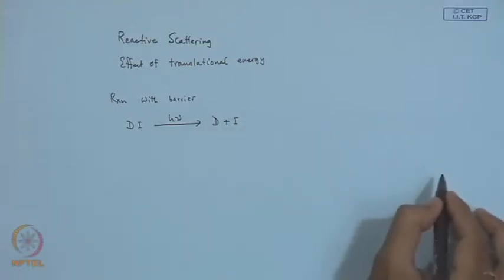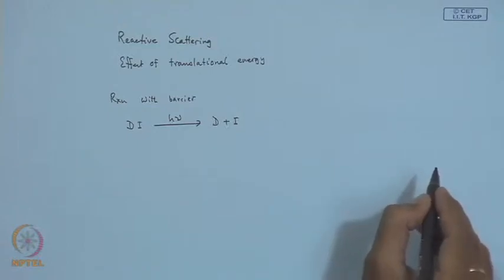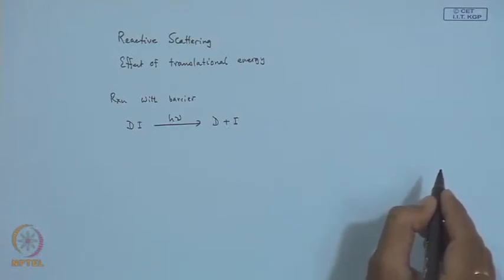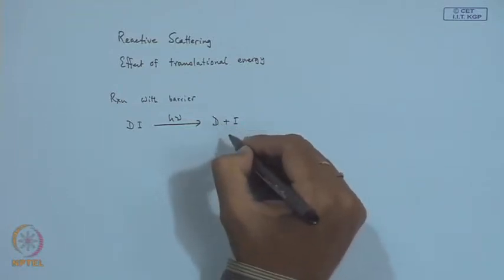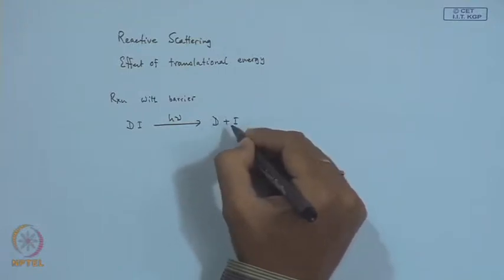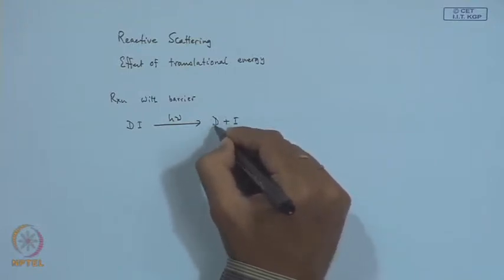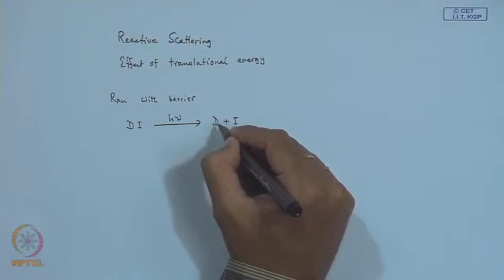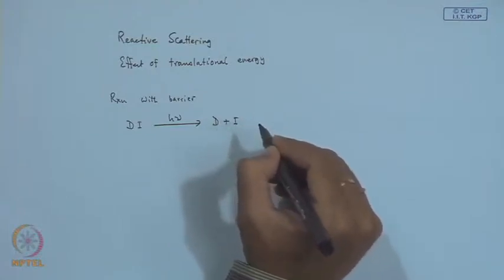What is going on? Now, in this case, when this dissociates, the kinetic energy goes to the lighter D atom.